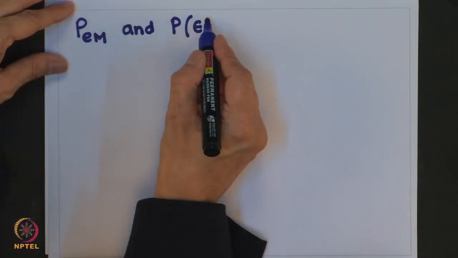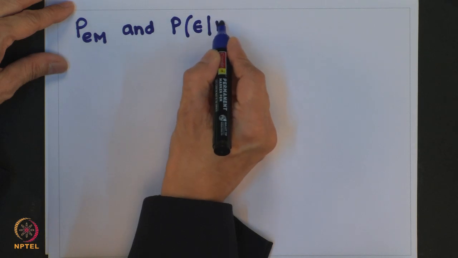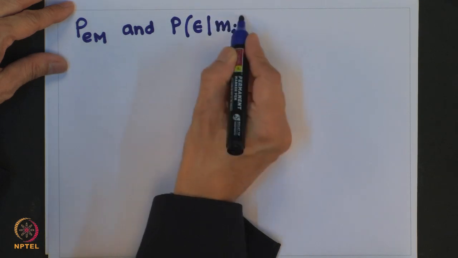We are interested in calculation of symbol error probability in detecting a symbol, and we would also require to find out the conditional probability of error given that you have transmitted a particular symbol, say M-ary.